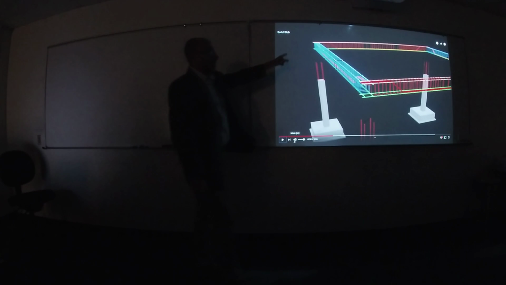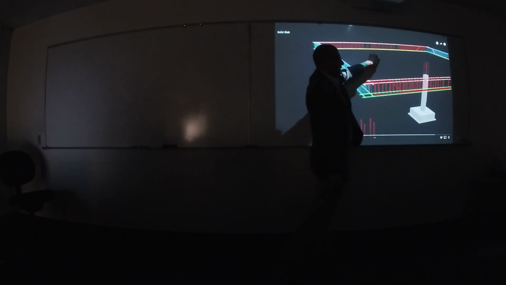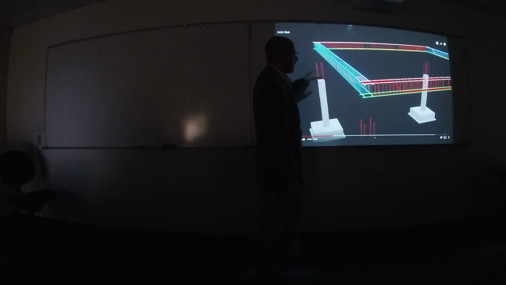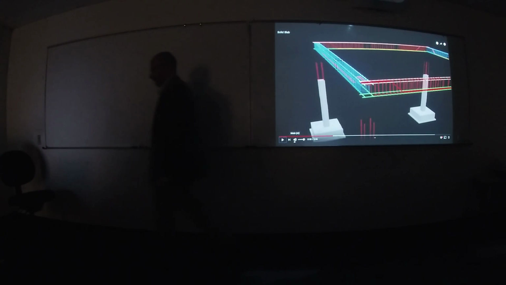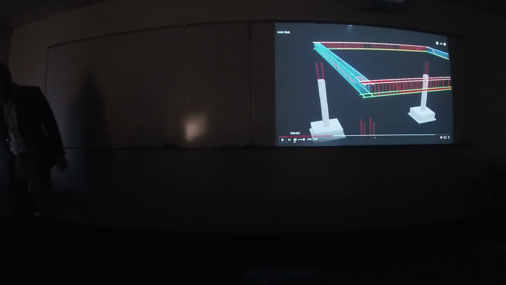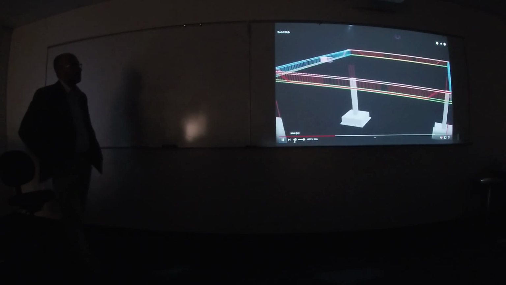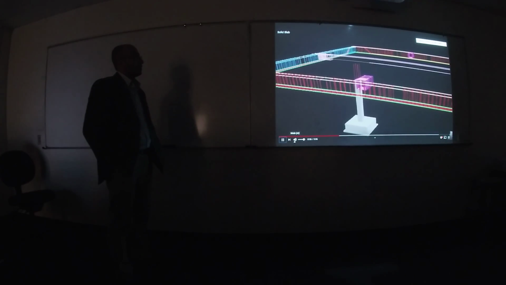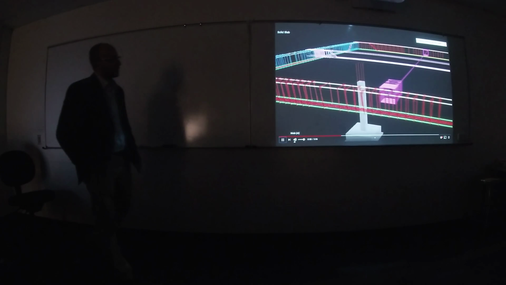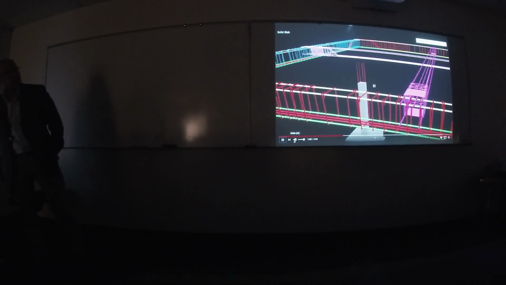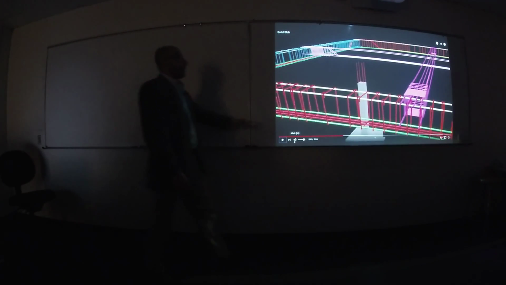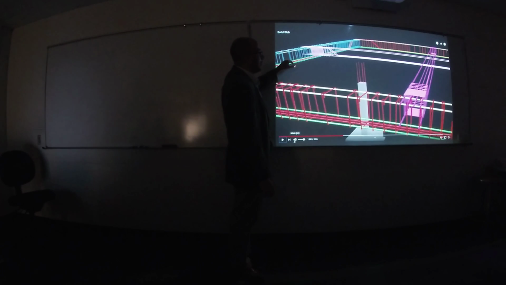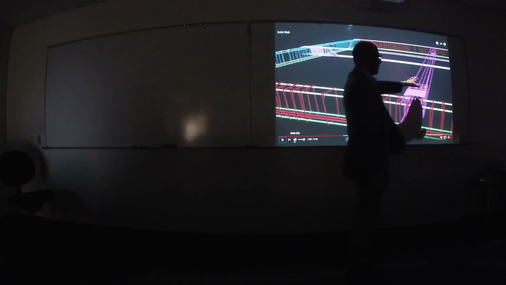Four beams around your slab over these 4 columns. What is the difference between this beam and these 2 beams?